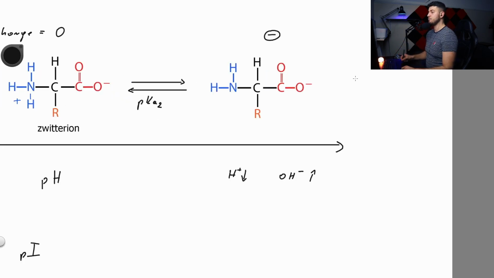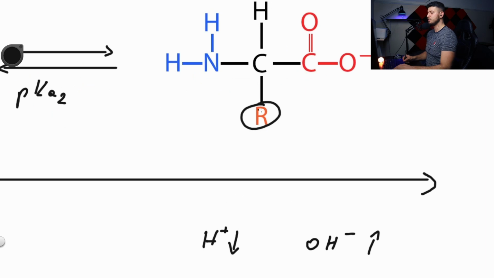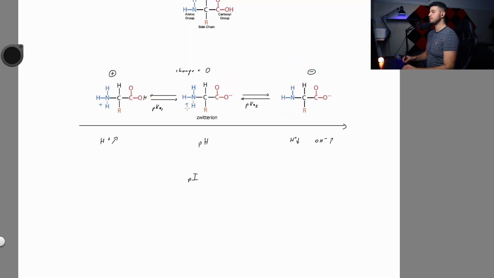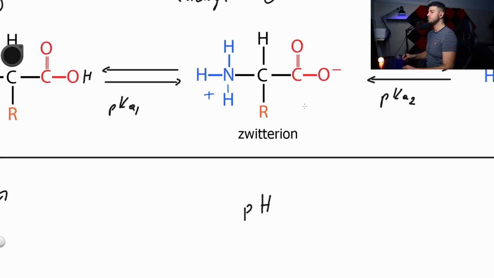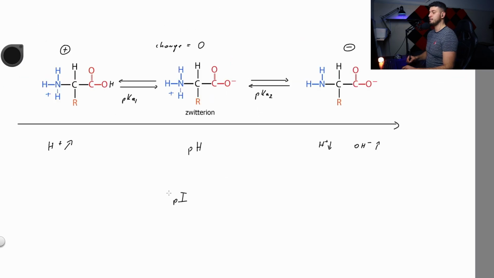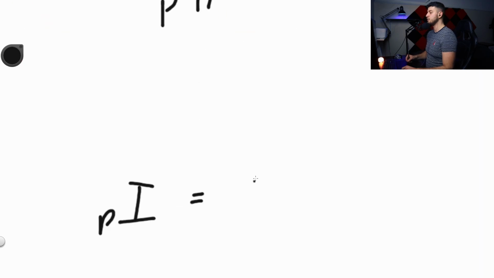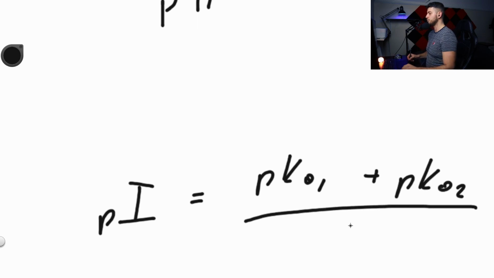It might happen that you have more forms, because you will have more functional groups, for example, from the side chain. So what's important is to take two neighbors of the Zwitterion, and the pI for the Zwitterion will be basically the average of those. So it will be pKa1 plus pKa2 over 2.